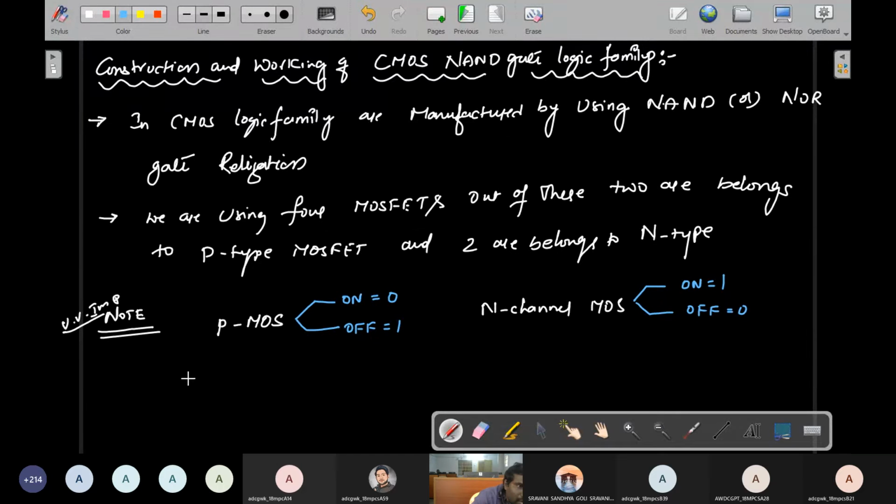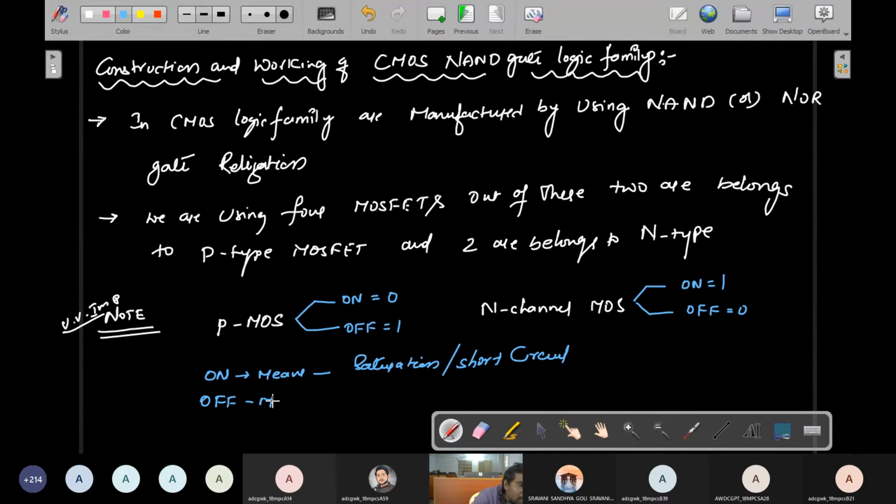Here, off means it is the cutoff region. Cutoff means open. And on means it is saturation, means a short circuit.